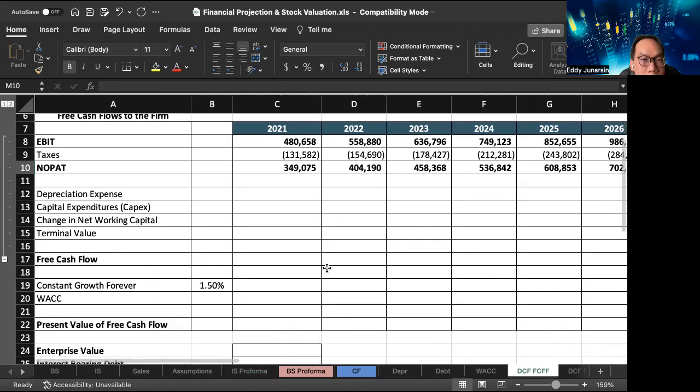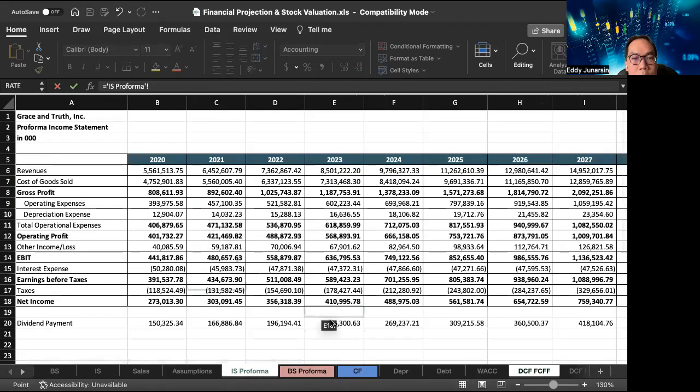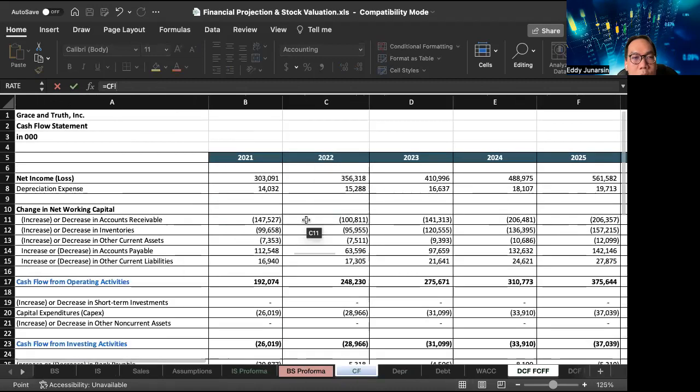And yeah, depreciation expense. The depreciation expense, just get it from anywhere. Cash flow statement or income statement should be the same. We just copy it from here.